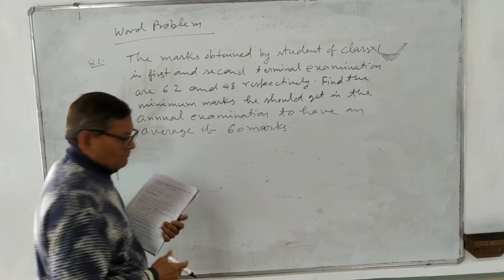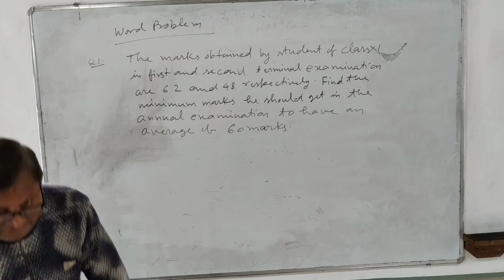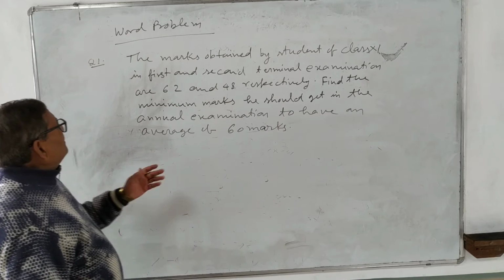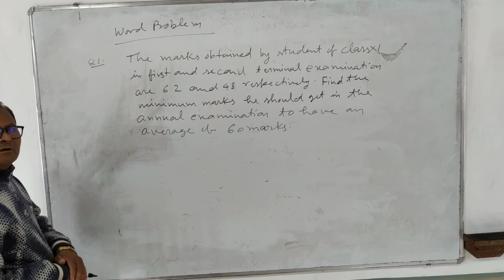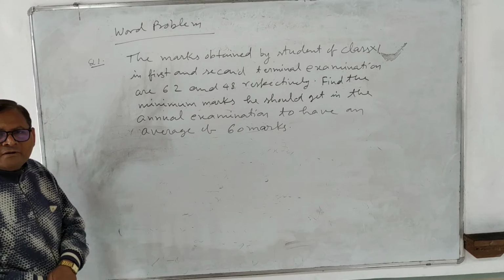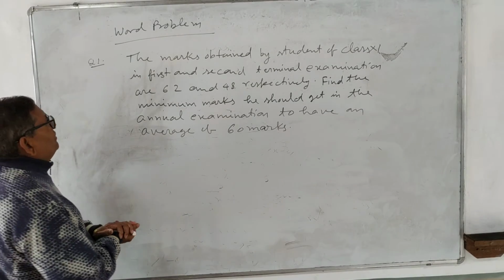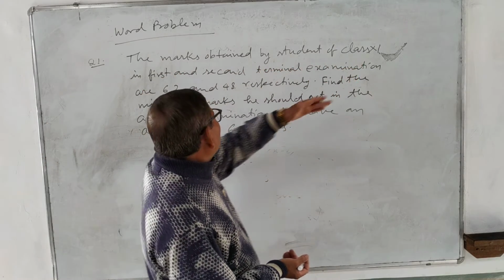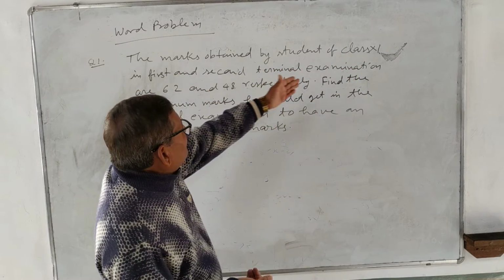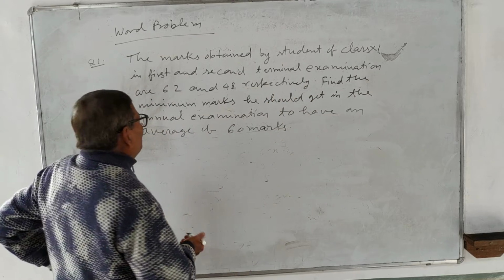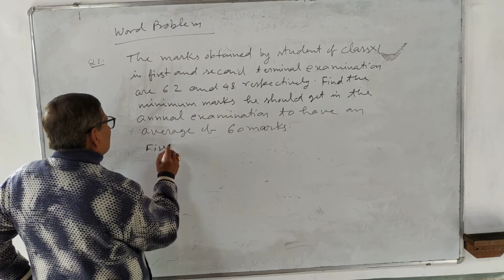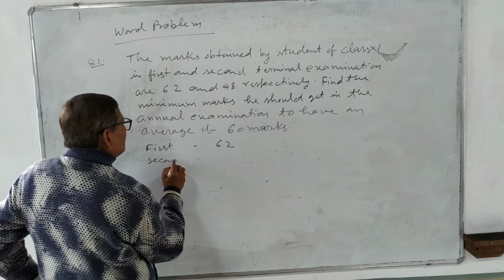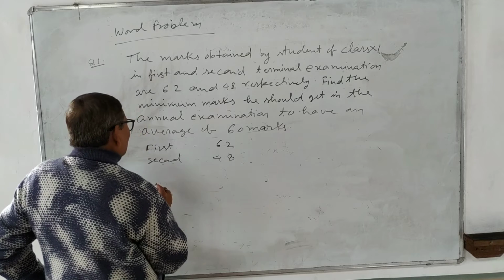Now you see here minimum, maximum, at least, at most, all this kind of thing is given in the question, and we are framing inequality in place of equations by the given word problem. Here, the marks obtained in first and second term are 62 and 48.